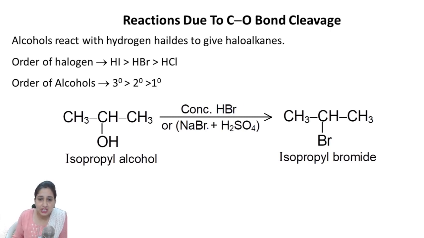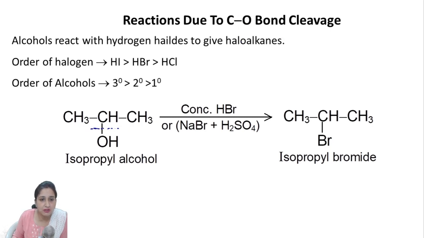So in this reaction the order of reactivity of alcohols is tertiary more than secondary more than primary, and the order of halogens is hydrogen iodide is more reactive than hydrogen bromide, more than hydrogen chloride. So simply, what is taking place? Cleavage of this CO bond.